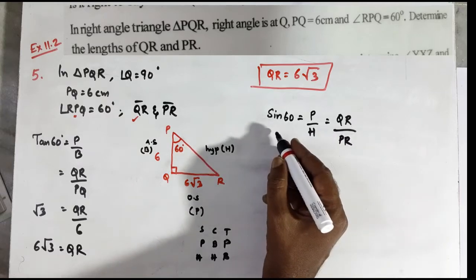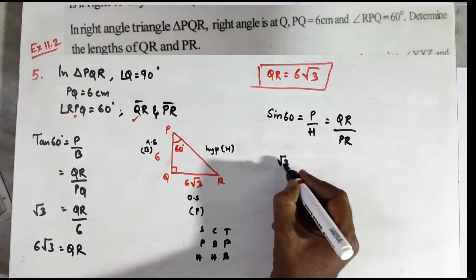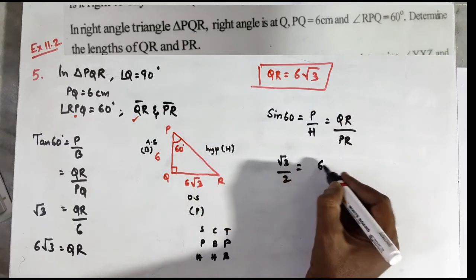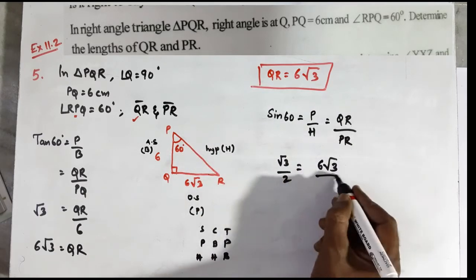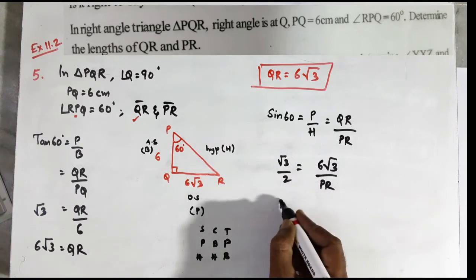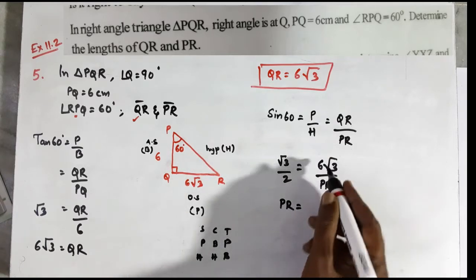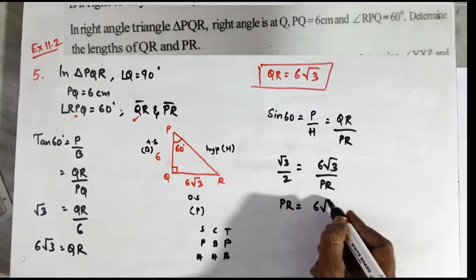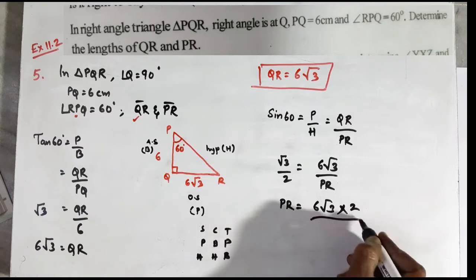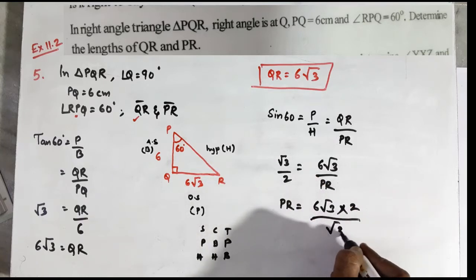So sine 60 is root 3 by 2, QR is 6 root 3, and PR we don't know. Cross multiply. PR is equal to 6 root 3 into 2 divided by root 3.